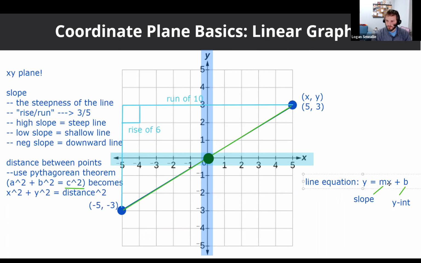So what this does is it basically tells you the slope right off the bat and that y-intercept right off the bat. And if you have those 2 pieces of information, you can learn a lot about the graph. You can learn whether it's going up or down based on that slope, and whether it's high up on the plane or lower down on the plane based on that y-intercept. And that's all you need to define everything that you would need to know about that line.